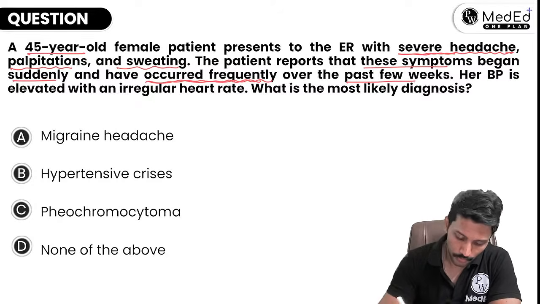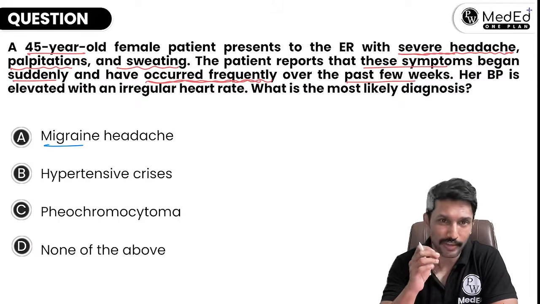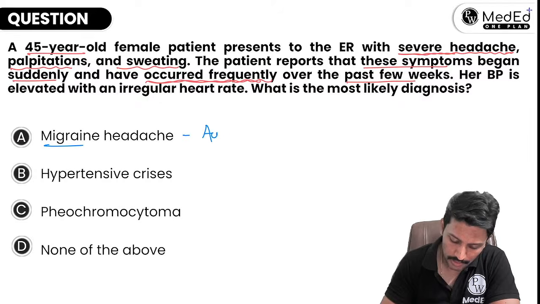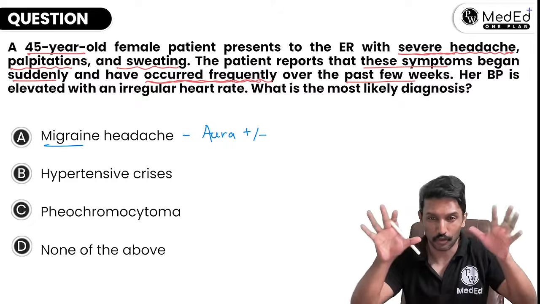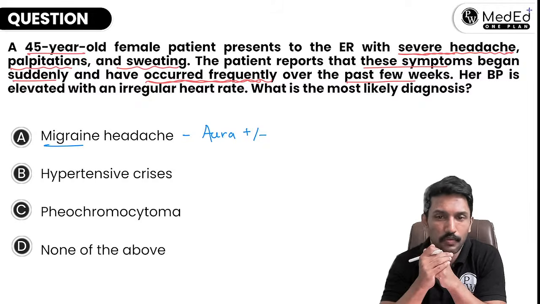In migraine, we are not expecting to see palpitations or sweating. What we are expecting in migraine is that patients may have aura, some abnormal sensory perception like flashing of lights, floaters, or some transient vision loss.